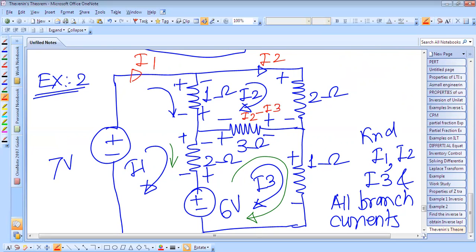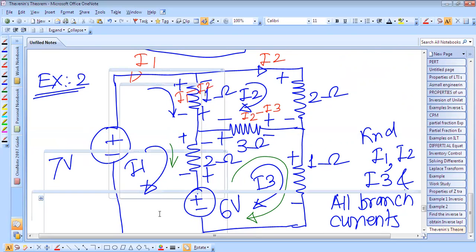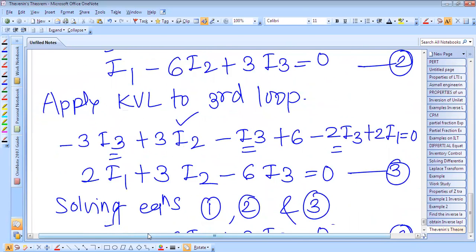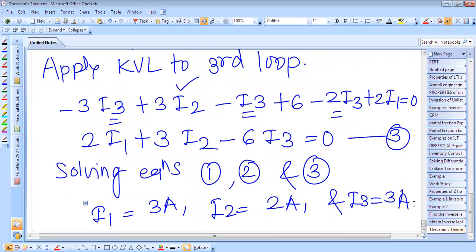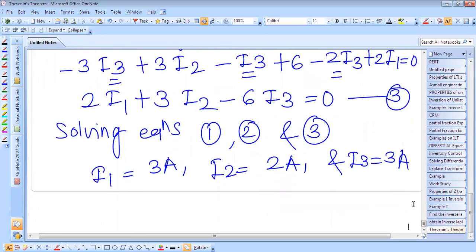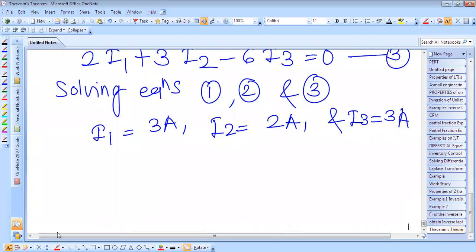Here it is also I1 minus I2. Like this, we have to find the current. So I1 is here.